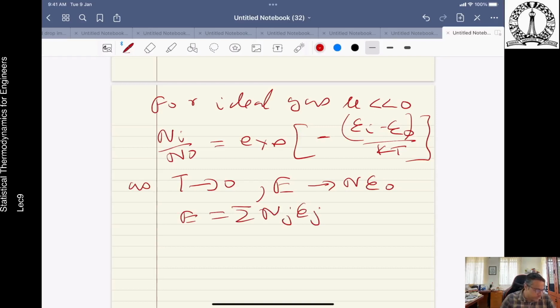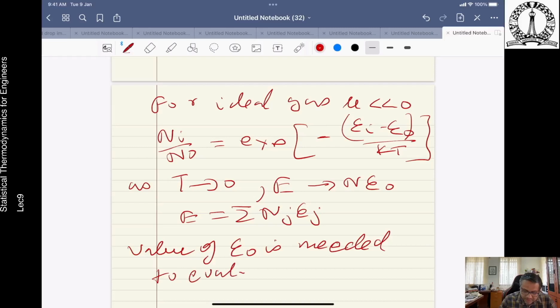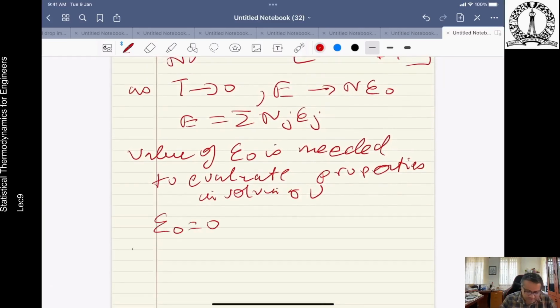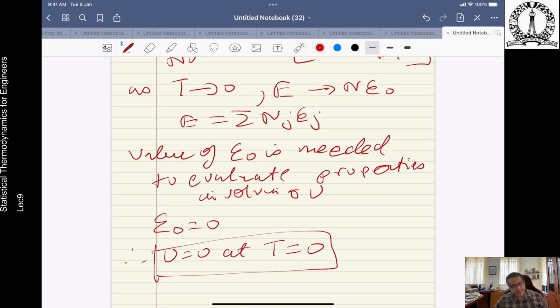So the value of E naught is needed to evaluate any properties involving U. So we take E naught equal to 0. Therefore, U is equal to 0 at T equal to 0.